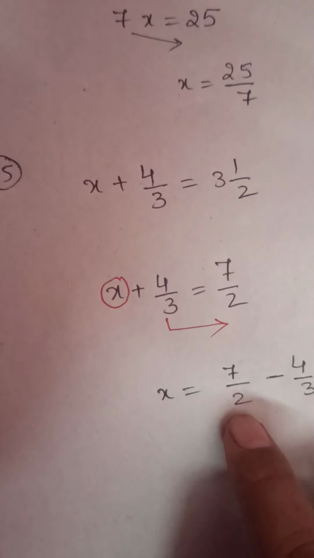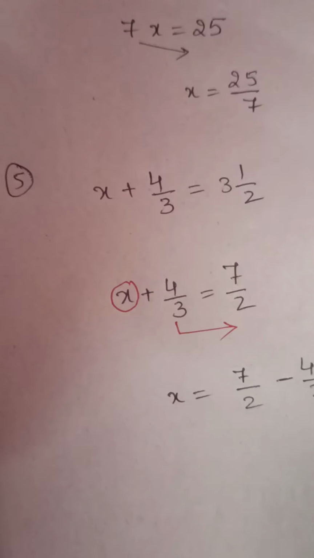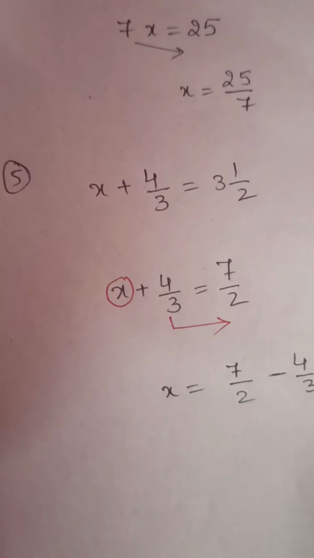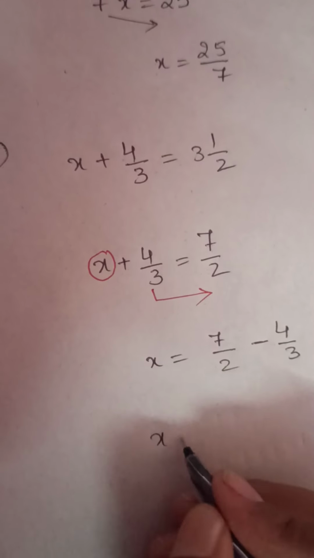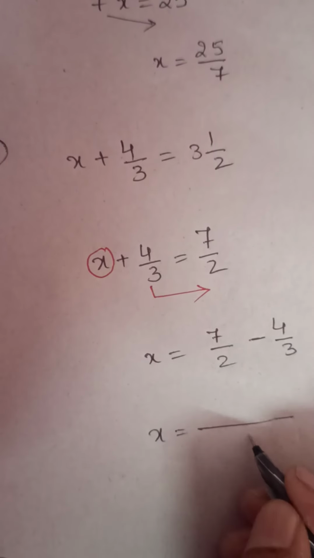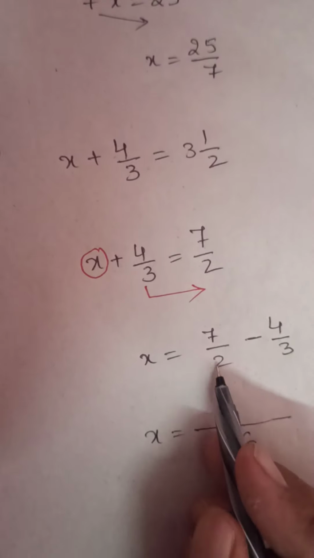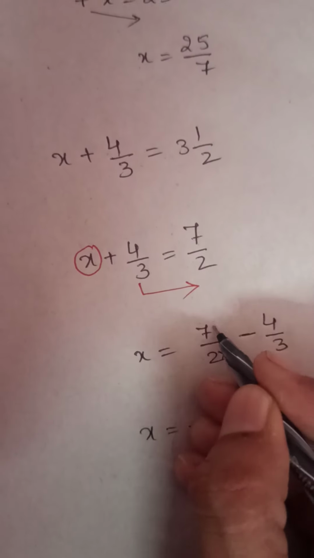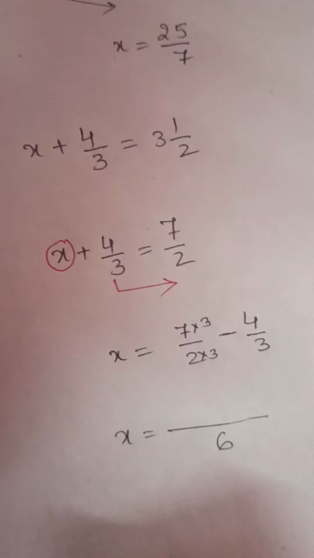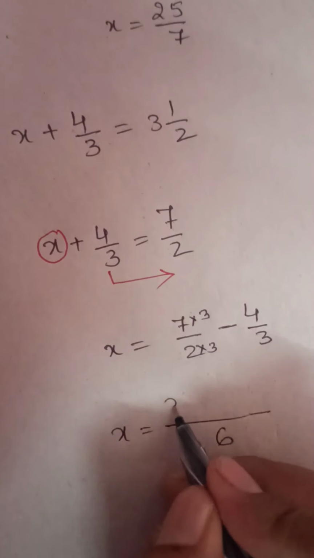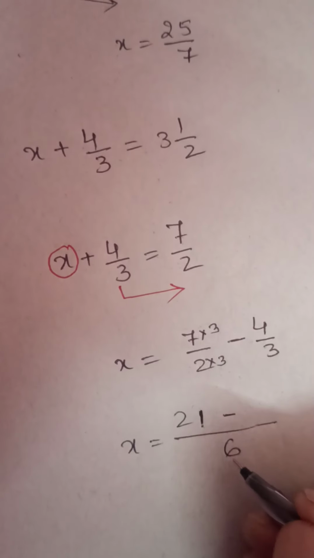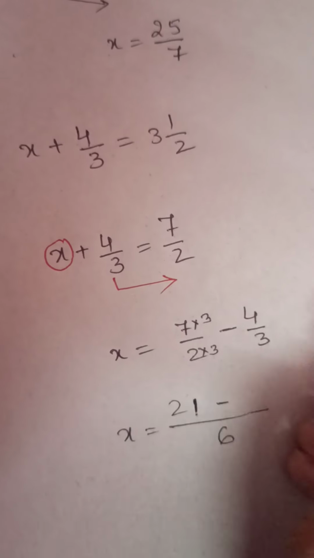Here denominator, see, 2 comma 3, LCM we have to take. LCM of 2 comma 3, how much are you going to get? 2 threes are 6 directly, co-prime numbers. That is x is equal to, how much here? 6. In the 2 table, when we get 6, we multiply by 3, the same number we have to multiply in the numerator. 7 threes are 21 minus, in the 3 table, only 3 twos.